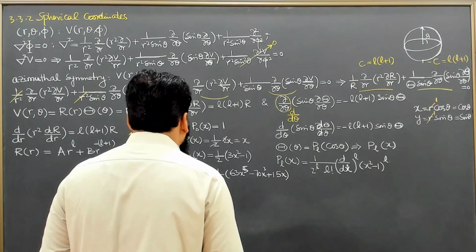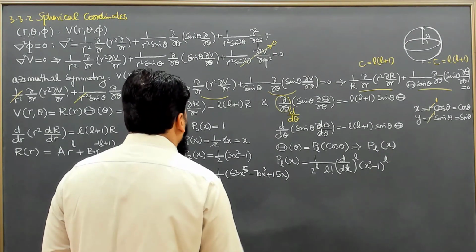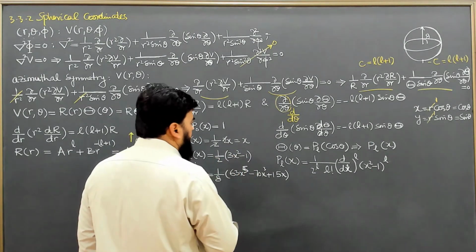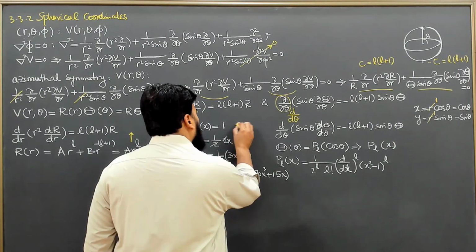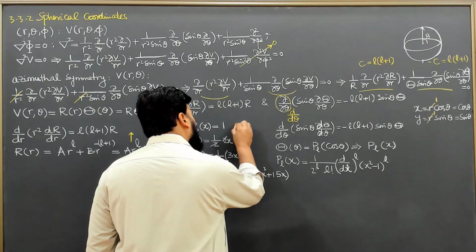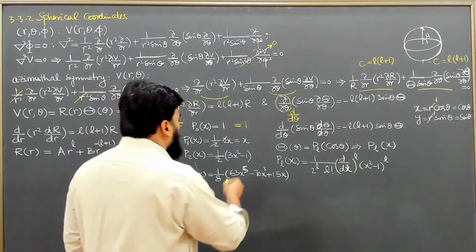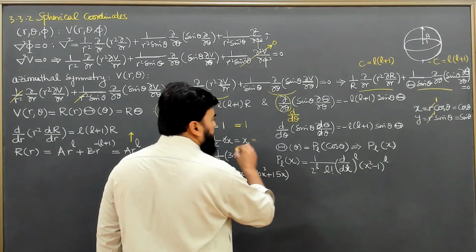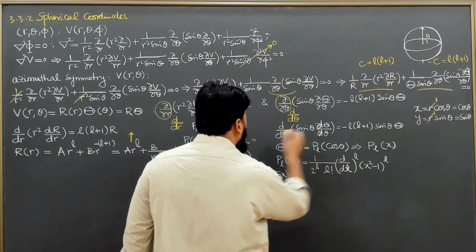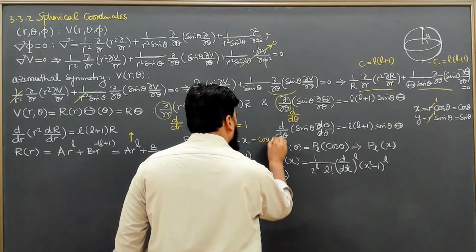Sometimes we write this in the form of cos theta. Here, when this is equal to 1, it is the same, while here it is x, so x means that this is equal to cos theta.